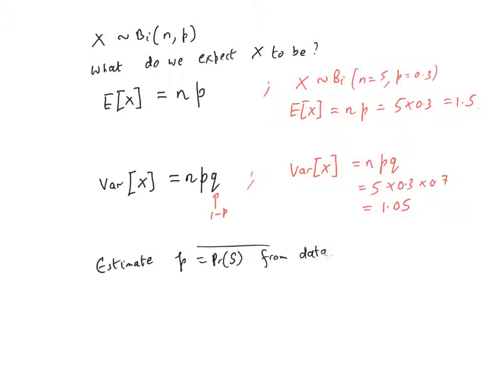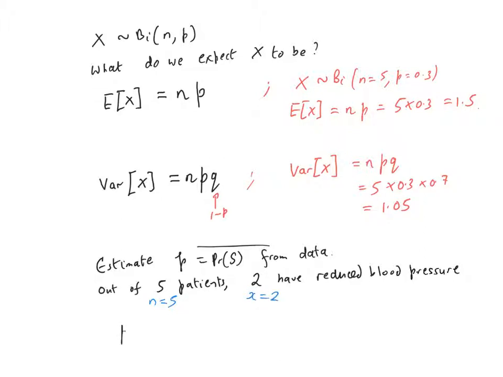And this is very easy to do, because let's say that you find that out of 5 patients, 2 have reduced blood pressure. So we could then recognise that we have n equals 5 and we have x equals 2, and then we'd estimate the probability of success if we didn't know it.